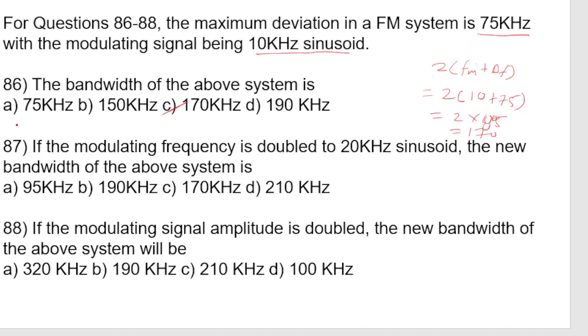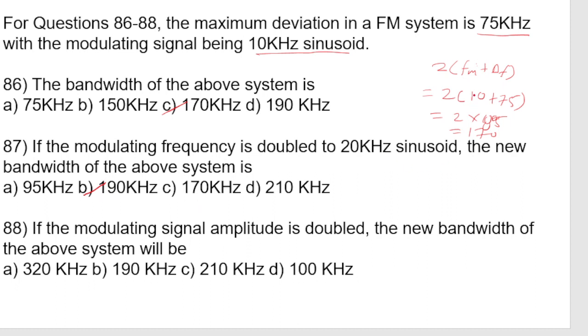If the modulating frequency is doubled, the new bandwidth of the system is, then it will be 190. Simple, no problem. Double, this is add 20 more, so we will get 190.